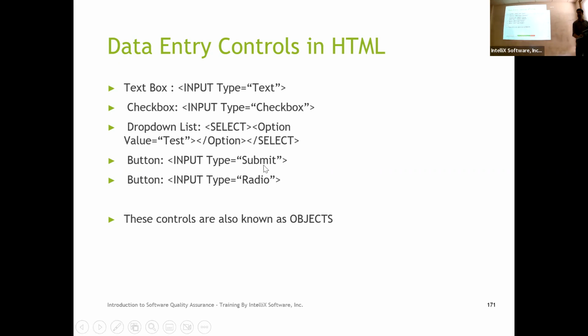Or you can create a radio button, a drop down list, or a checkbox. All of these controls are known as objects. So when we do some of the automation, the computer has to figure out which object you're working with. This is the way it identifies unique objects on the page.